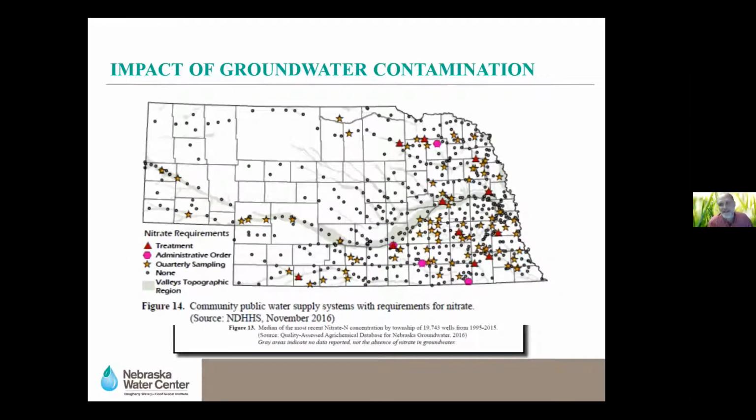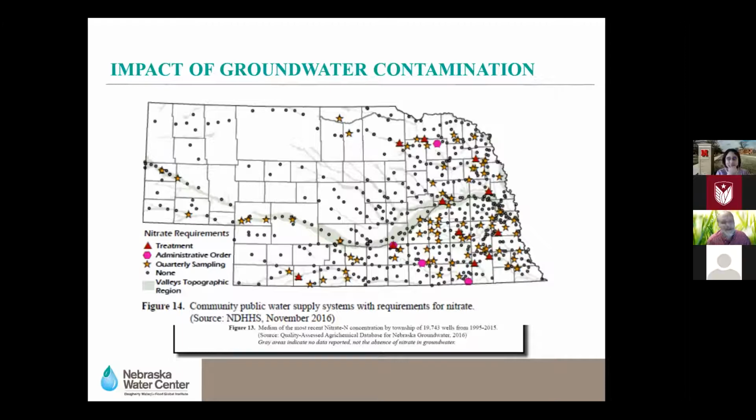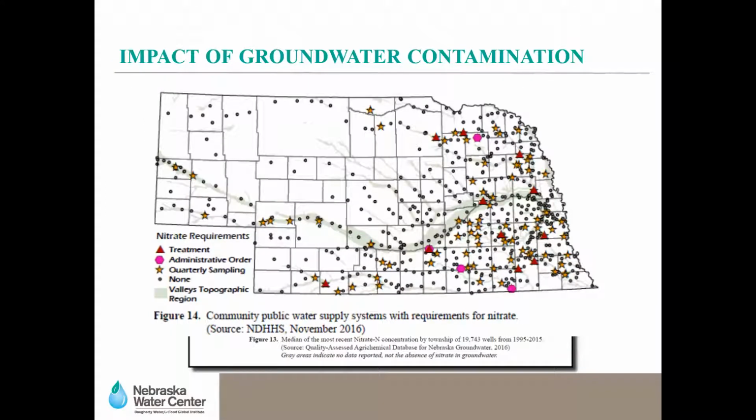Nitrate contamination has been going on for several decades now. There are many public water systems in Nebraska that are affected by rising nitrate concentrations. This map from the Nebraska Water Quality Report shows all of the systems that are now required to treat their source water for nitrate, and several that have administrative orders, meaning that they are very close to being in violation of the Safe Drinking Water Act, and others that are doing quarterly sampling.